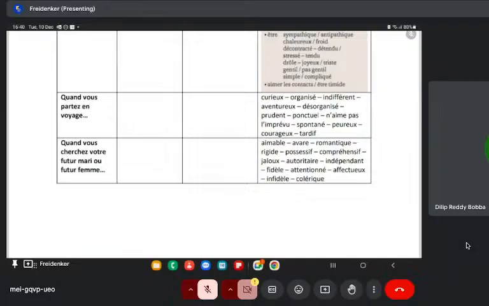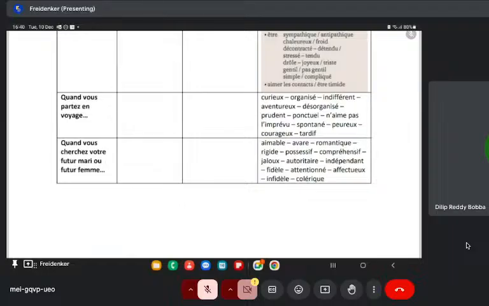Aimable, I think it means lovable. Avare means to be miserly. Rigid, rigid. Possessif, to be possessive about someone. Compréhensif means understanding. Let me just confirm, because if I say he is comprehensive, it doesn't mean he's a package, right? It has to do with understanding.